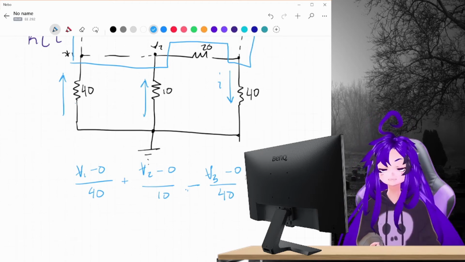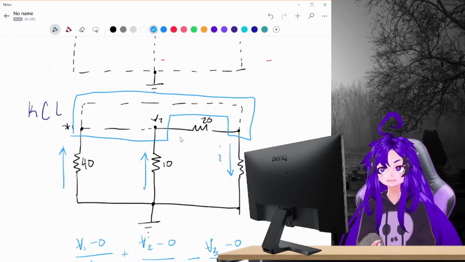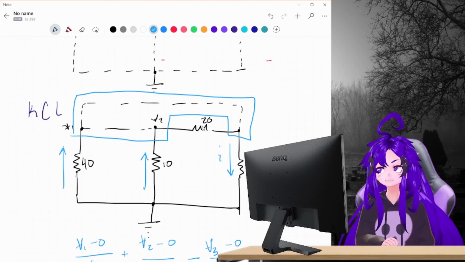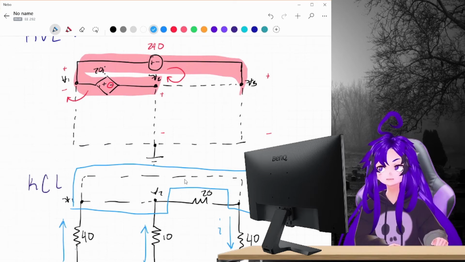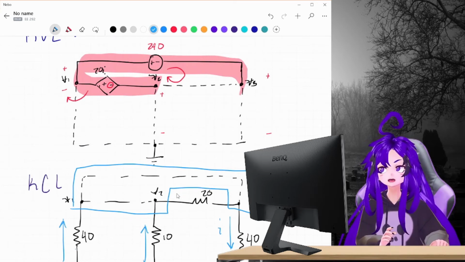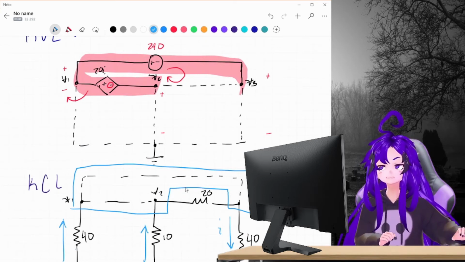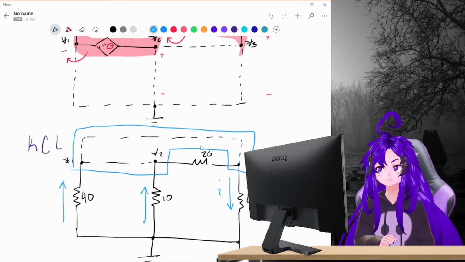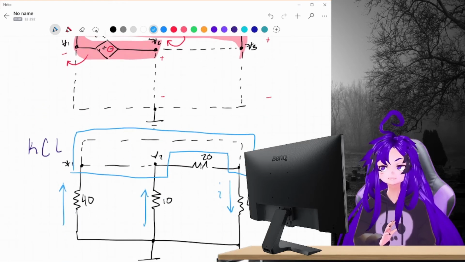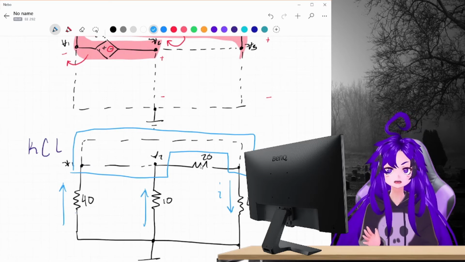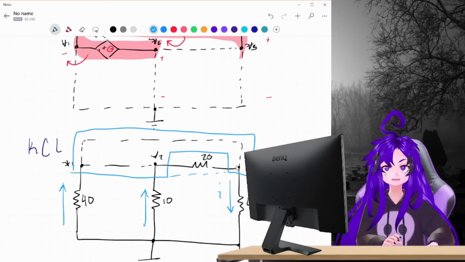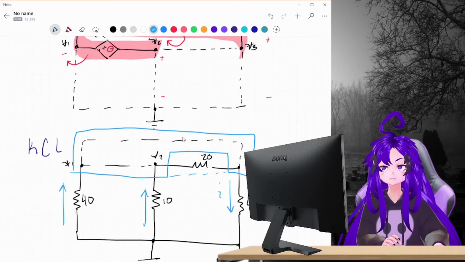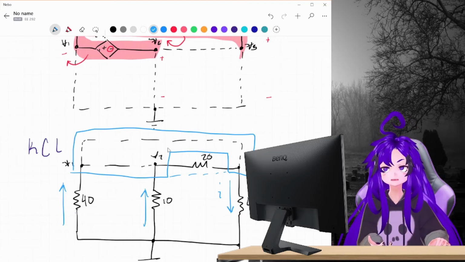so you might have noticed that I ignored this resistor. There is a voltage there, but the truth is that resistor doesn't affect anything. It is kind of just absorbed into the supernode for all intents and purposes. We don't look at it because it's contained in the supernode.